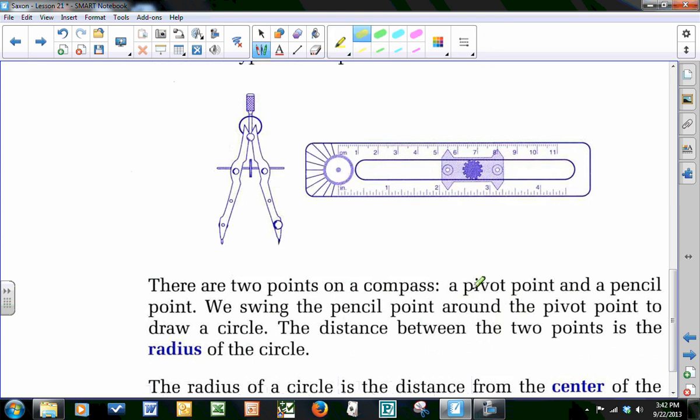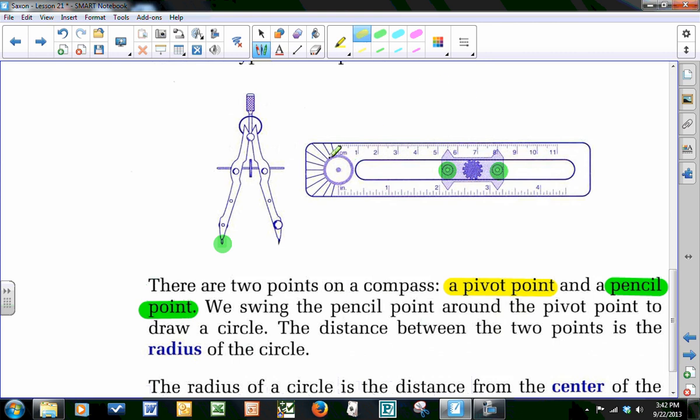There's the pivot point, and then there's the pencil point. So one side is the pencil. Here's the pencil point here, and on the safety compass, your pencil point would go either in this hole or that hole. That's where your pencil would go.